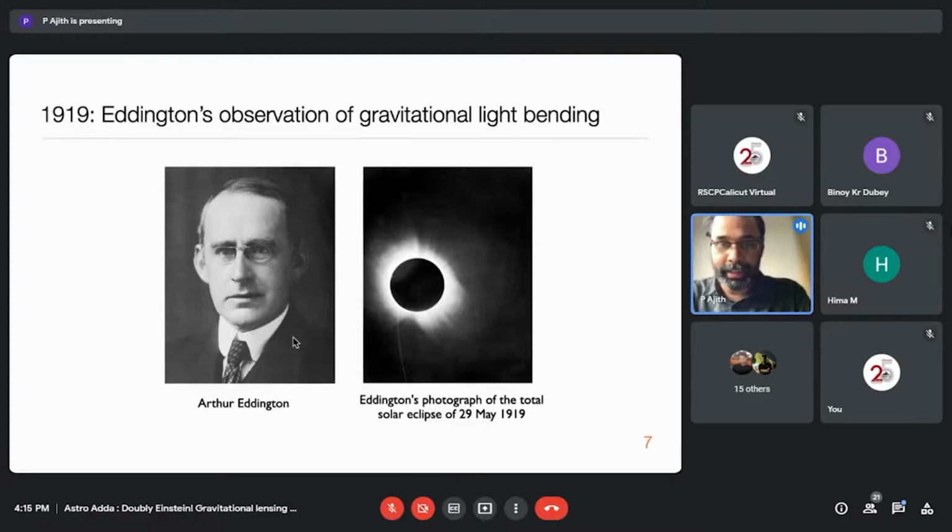The right side shows an actual photograph taken by Eddington and colleagues from this eclipse, and you can see the solar corona. And if you look very carefully, you can see stars, which are not very visible in this photograph. Remember, this was more than 100 years ago, and the astronomical photographic techniques were quite primitive.